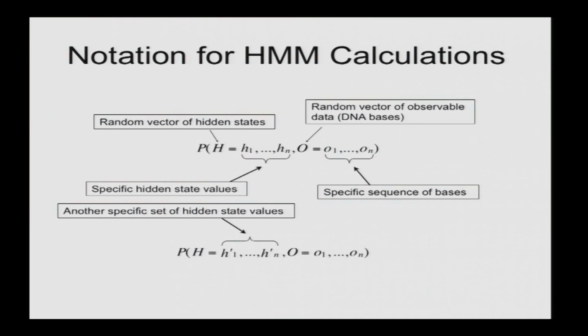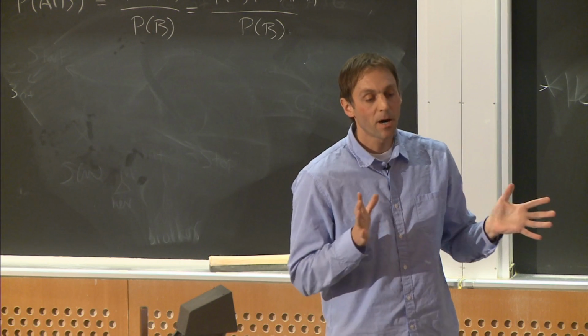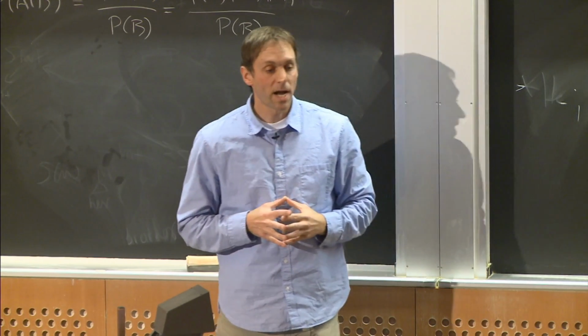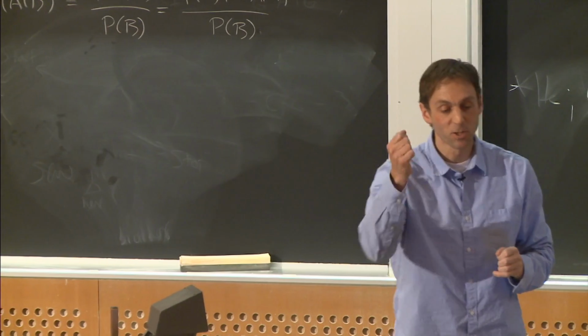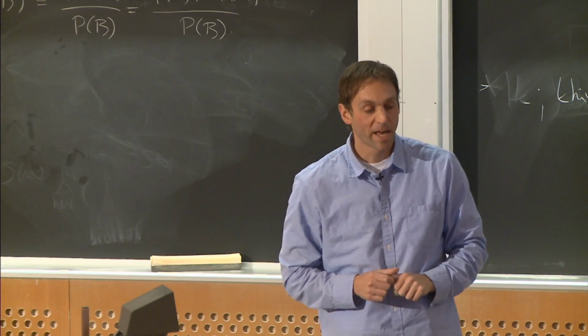So capital H is going to be a vector that specifies the particular hidden state, for instance, island or genome, at position 1, that's h1, all the way to hn. Little h's are specific values of those hidden states. And then big O is a vector that describes the different bases in the genome. So O1 is the first base in the genome up to ON.